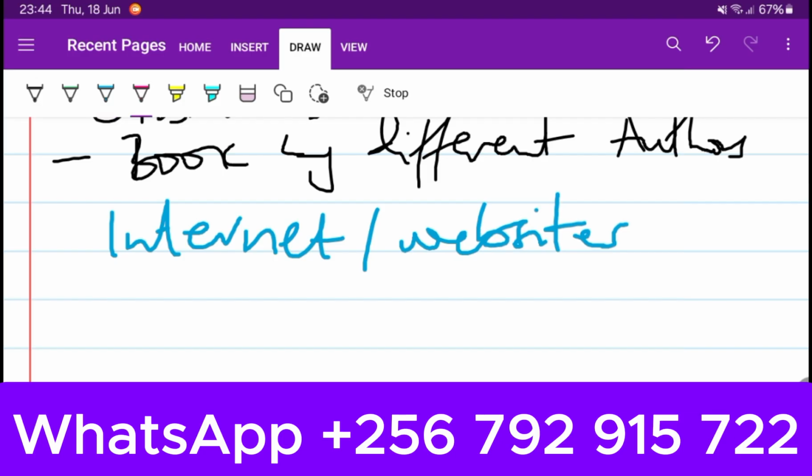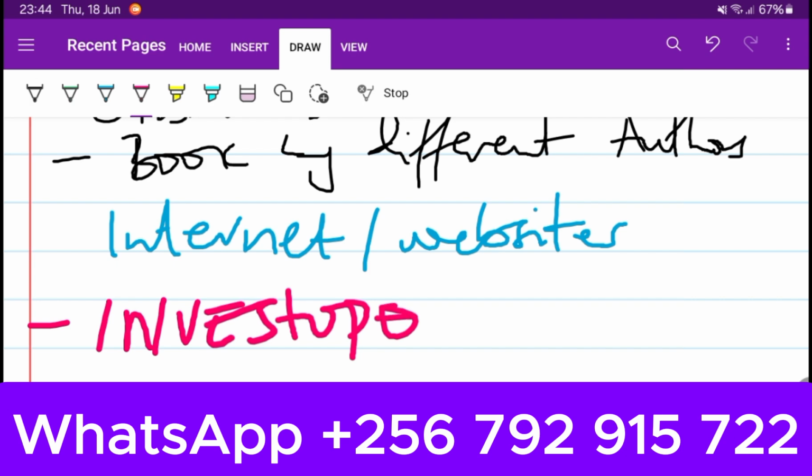There are very many websites where you can get information, like if you are looking for information related to finance, you can go to Investopedia. That's where you get information related to finance. So those are some of the things where we can get the secondary data.